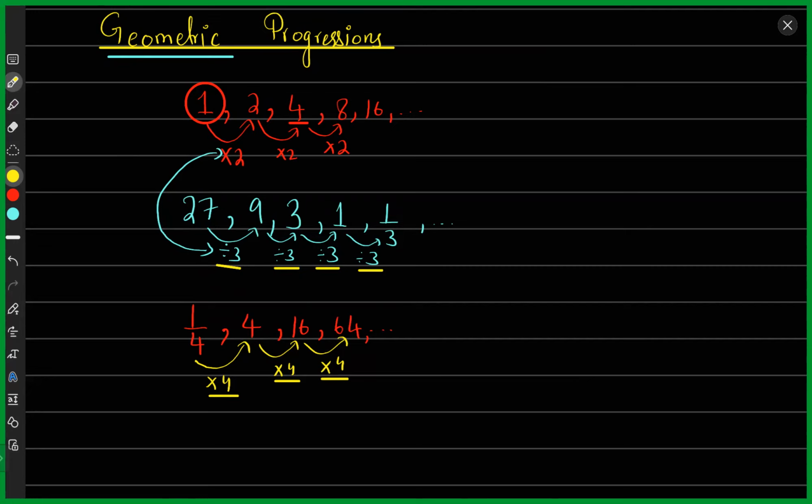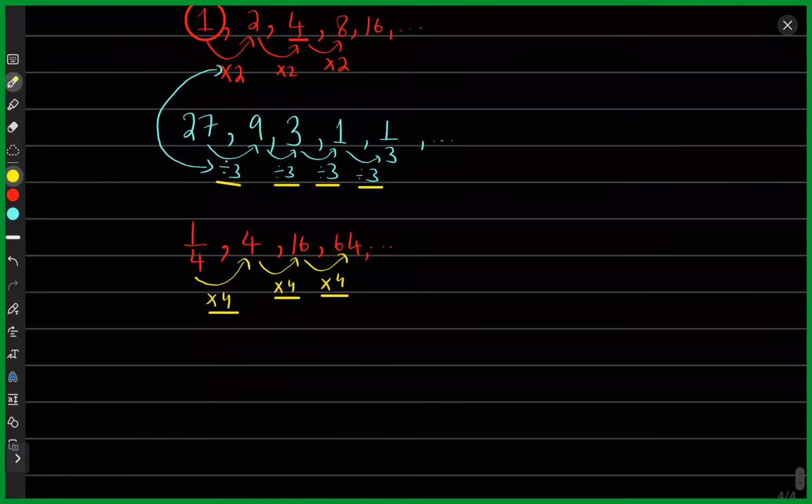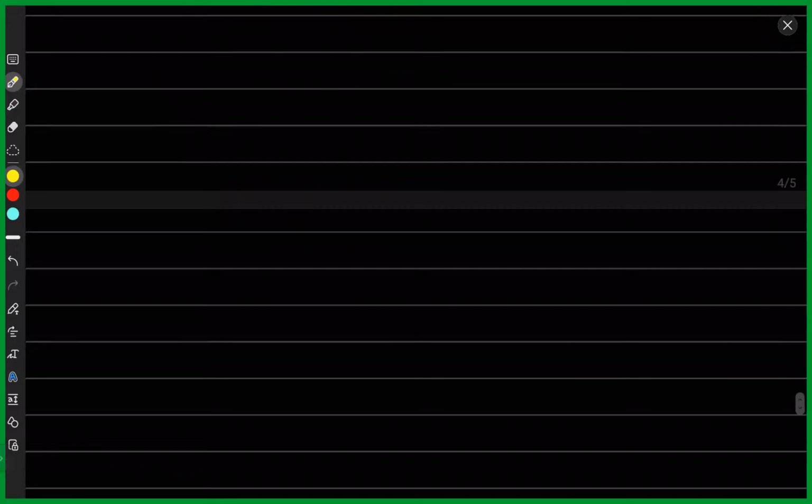For now, let me talk about another one. With reference to this example, let's talk about everything now. In geometric progression, we have a few terms again. We have A. A is the first term, that's same.